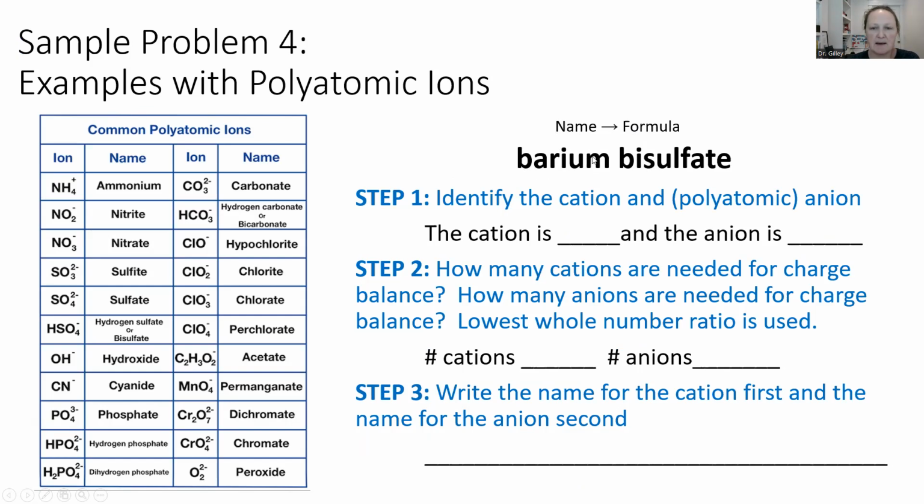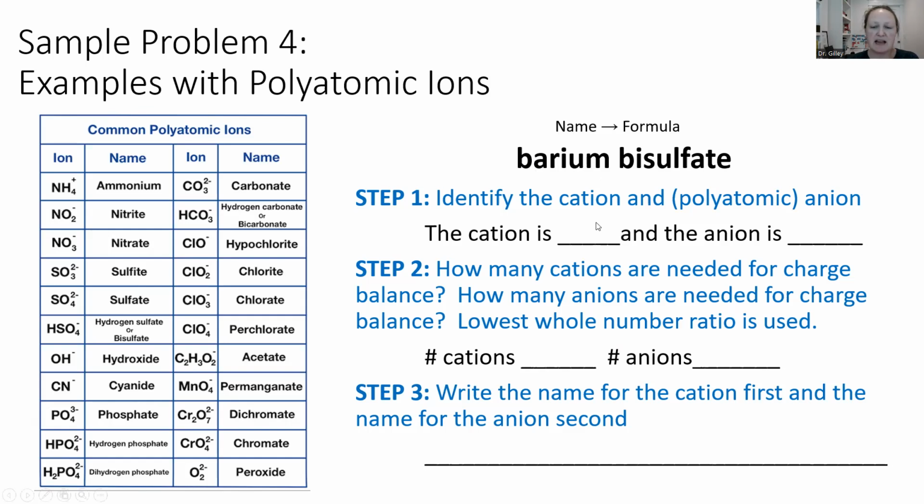It is a type 1 metal ion, which only forms 1 charge, and we can look it up on a periodic table. But bisulfate is a polyatomic ion, and so we want to look on one of the tables that contains polyatomic ions to find it.